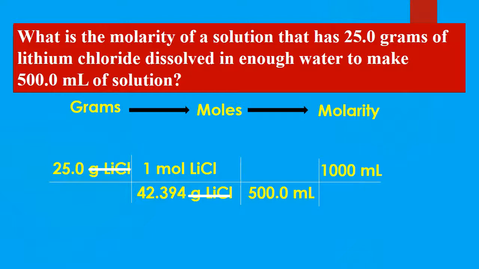So we convert our milliliters to liters, because there are 1000 milliliters in 1 liter. That leaves us with our desired units. All the units cancel and we're left with moles divided by liters, which is what we want. So we multiply 25 by 1000, then divide by 42.394, and that gives us 1.18 molar. That's the molarity of this lithium chloride solution.